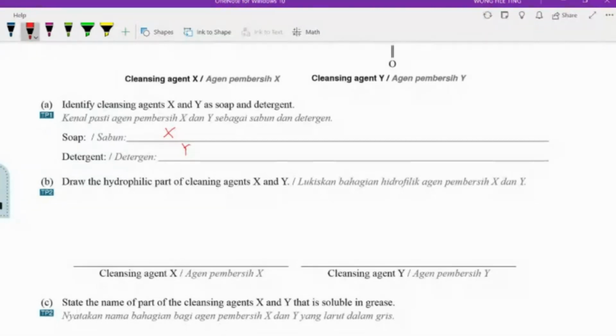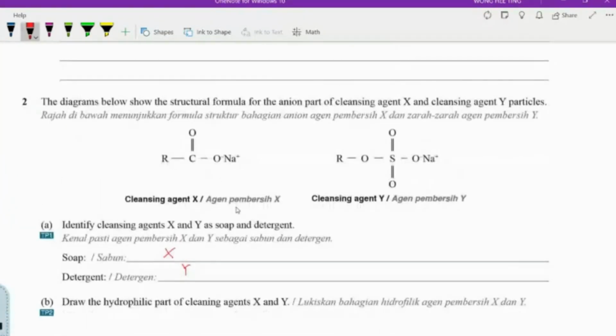Now draw the hydrophilic part of the cleansing agents X and Y. So you can draw it correctly. Hydrophilic is which one? For X, the hydrophilic part is the head, so it's this one. And Y is this one.